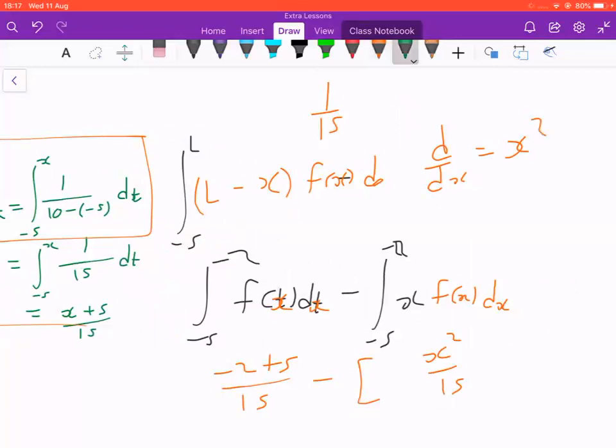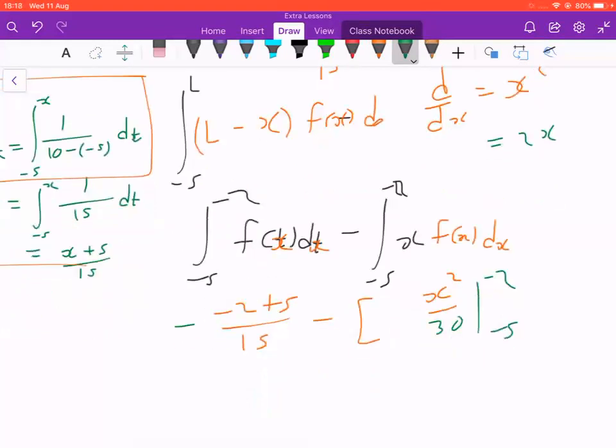Sorry, I am very bad in terms of integrating. It's going to be 2x, right? So you will have actually 30. You will have something over 30 over here. You will have 8, right? From -2 to -5. And then you find the answer.